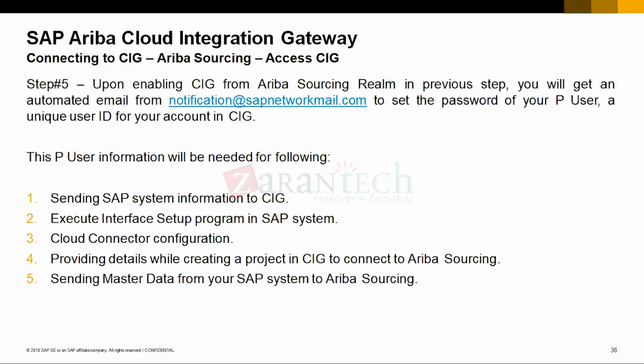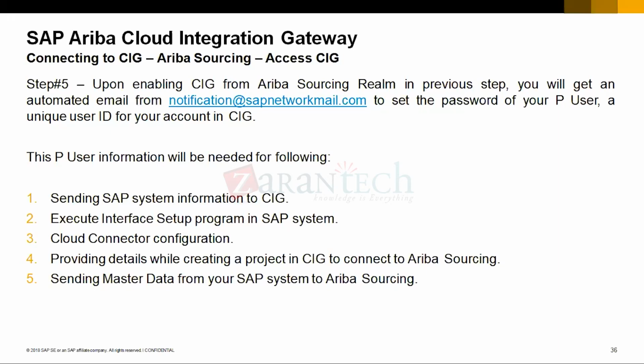This kind of email we receive. Correct. In the same way, the customer will also receive an email notification, and that email contains the information about the P user ID, and a link to reset our password. So we have to generate or reset the password of the P user ID, and the P user ID is very important information.